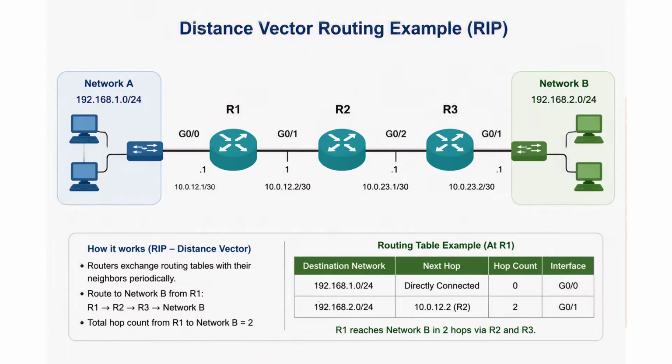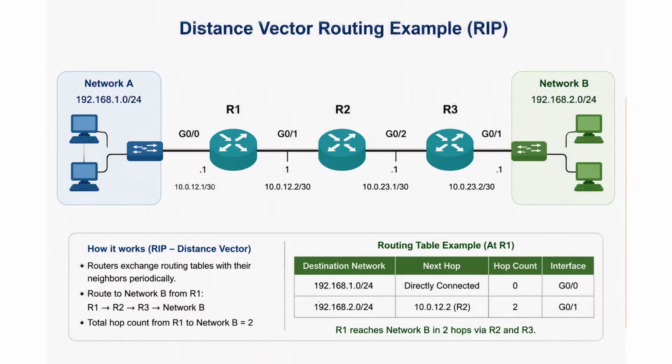So the routers in between are called the hop points or intermediate devices. The number of routers through which RIP can be used to route packets from one network to another should not exceed 15. Above 15 cannot work.